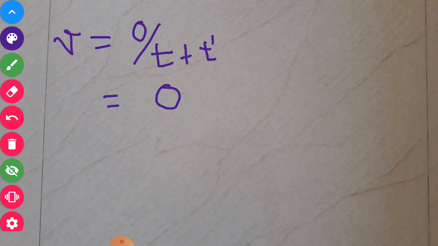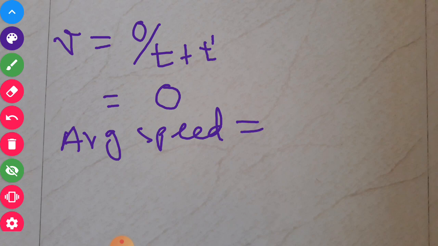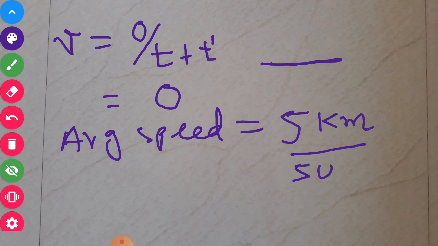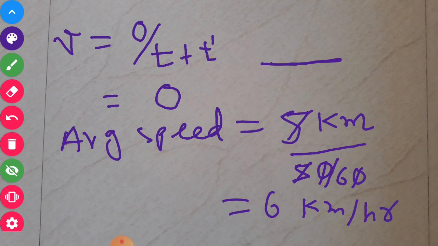If you want to find average speed, then path length is 2.5 going, 2.5 coming, so it becomes total 5 kilometers upon total time interval of 50 minutes. Convert it into hours, so this cancels out, this also cancels out, 6 goes up, so it becomes 6 kilometers per hour. So you can see average speed is 6 kilometers per hour.